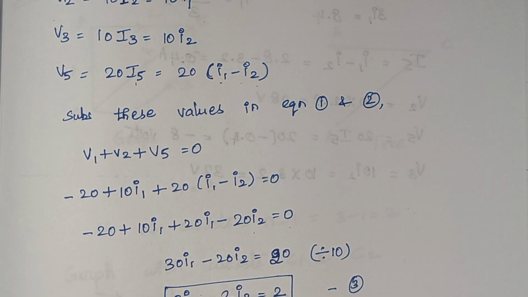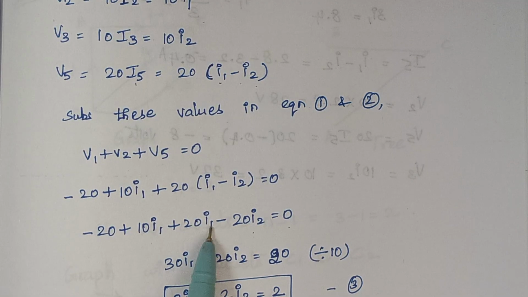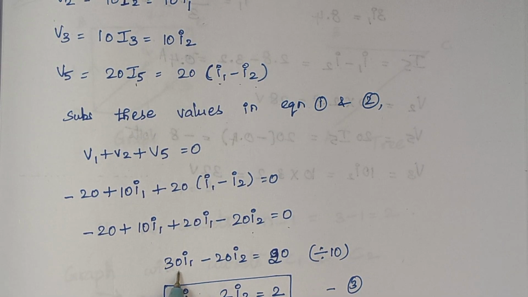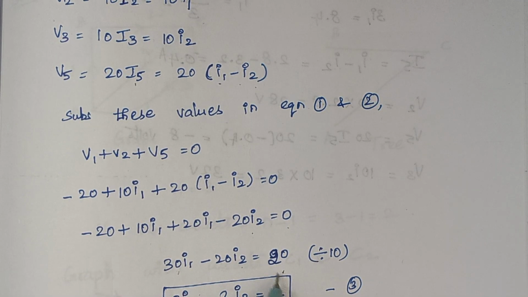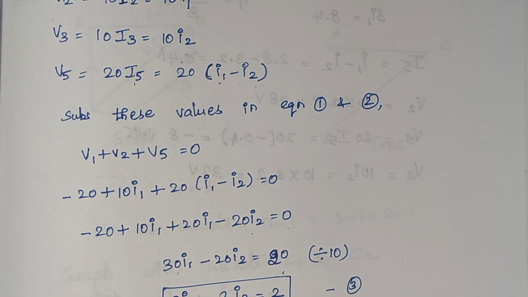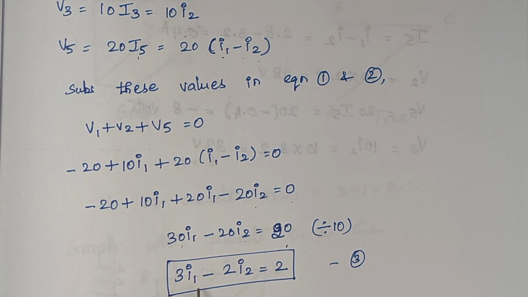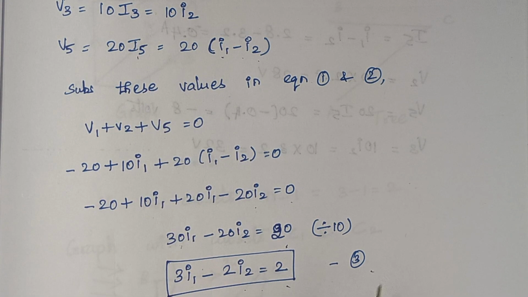Once you simplify, 20 I1 plus 10 I1 becomes 30 I1 minus 20 I2. I am moving this number minus 20 to the right hand side, so it becomes plus 20. So I am dividing this entire equation by 10. So we have 3I1 minus 2I2 equal to 2. Mark this as equation number 3.